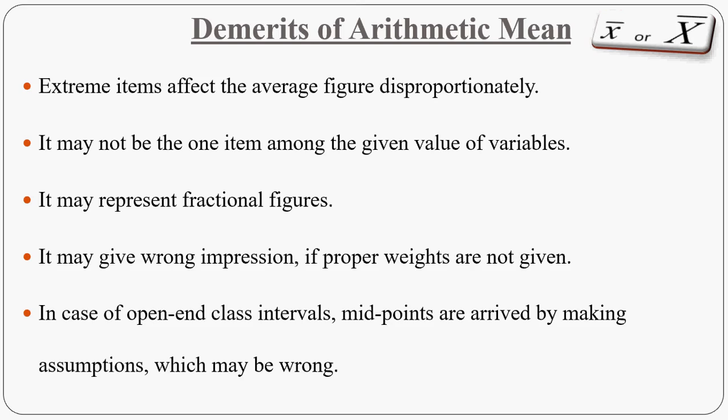So here it says if we calculate by taking assumption, it may be wrong. So these are all the demerits of arithmetic mean. I hope this information is clear with regards to demerits of arithmetic mean.